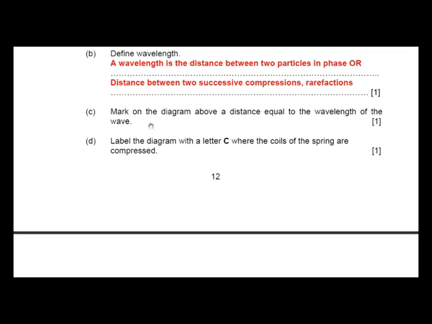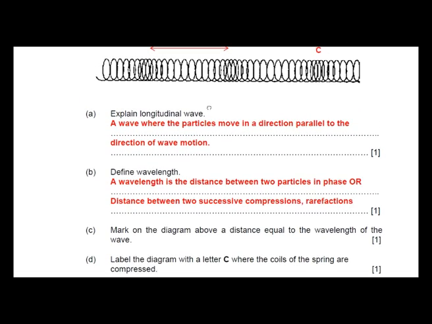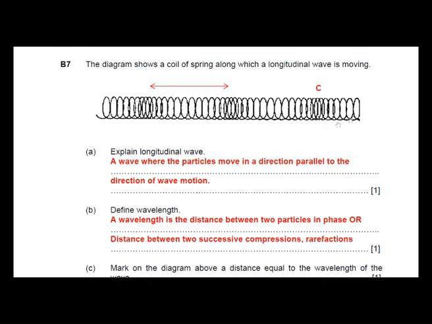For part C, mark on the diagram above a distance equal to the wavelength of the wave, and label the diagram with a letter C where the coils of the spring are compressed. I know that you might not have learned this before, how to find a wavelength in a longitudinal wave. But don't worry, just observe the wave over here. There are regions of compression.